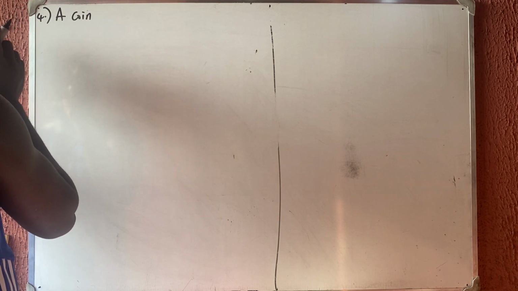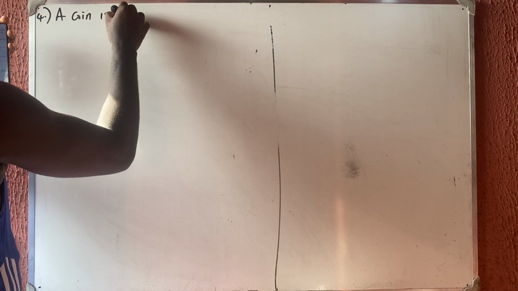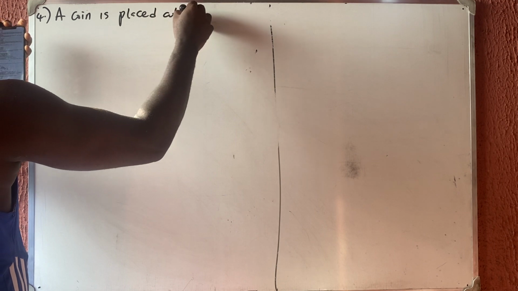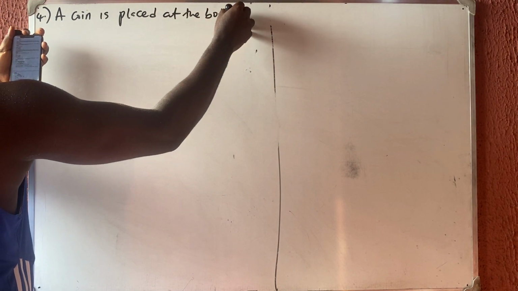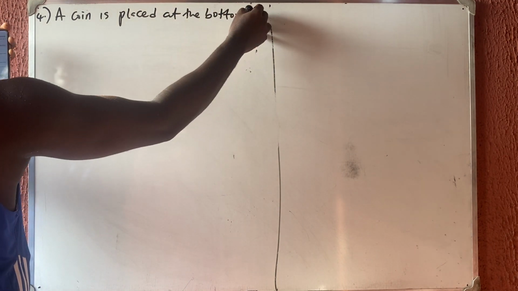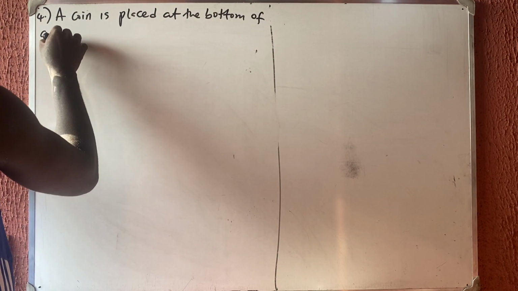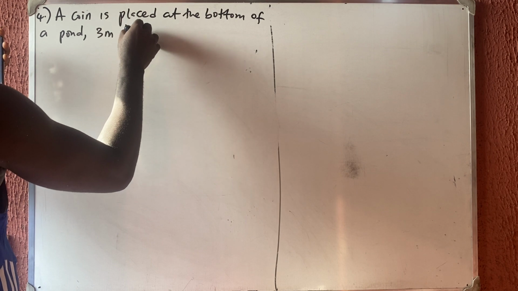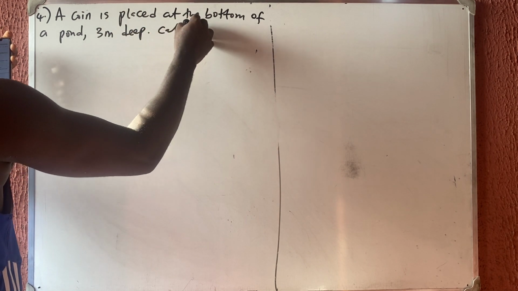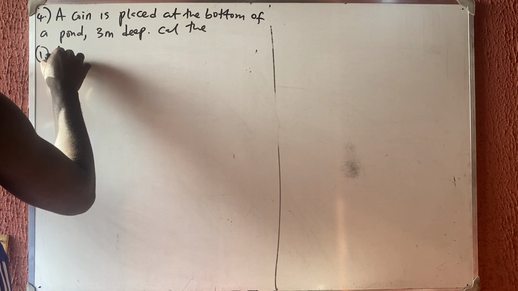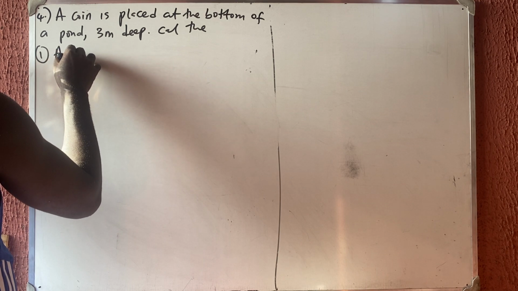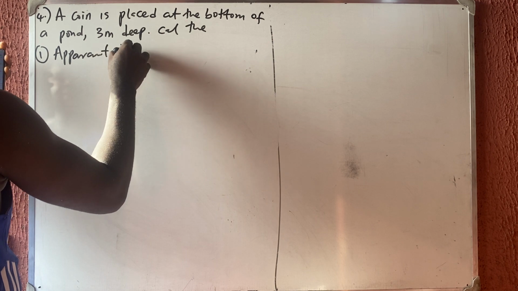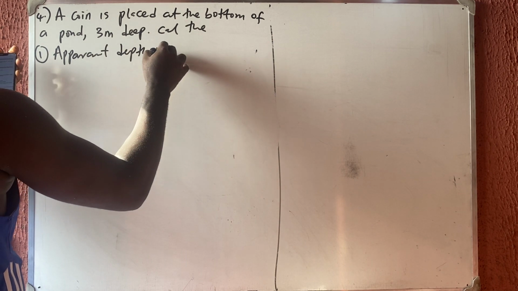Question number 4 said a coin is placed at the bottom of a pond, 3 meters deep. Then it says calculate the apparent depth of the coin.